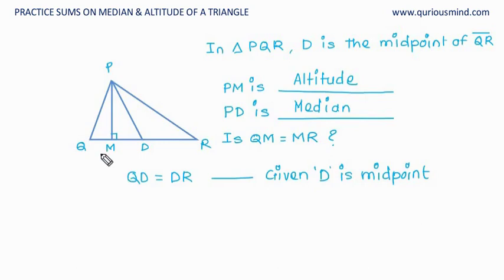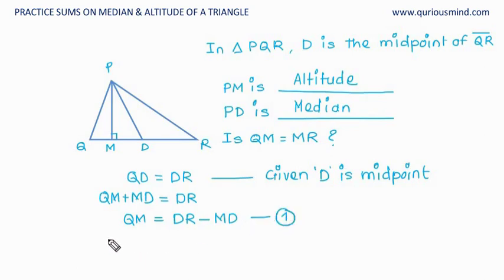Now QD is the same as QM plus MD, because QM and MD together make QD, and that is equal to DR. Now if I take MD to that side, plus becomes minus, and therefore we get QM is equal to DR minus MD. That is our first equation.